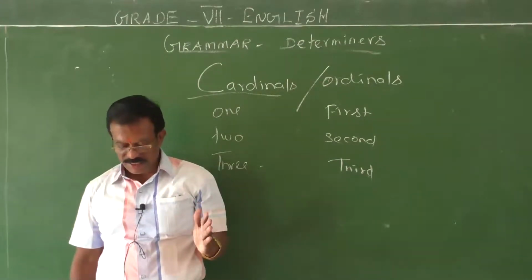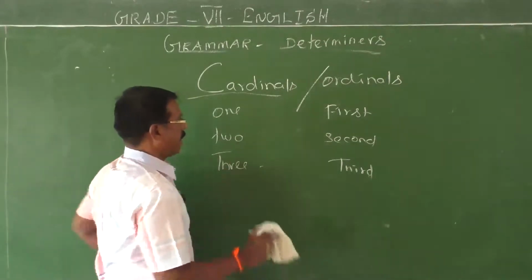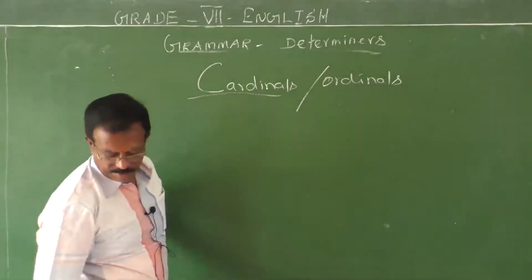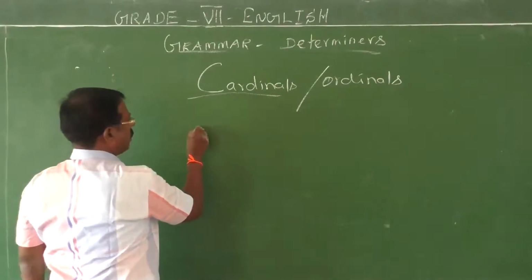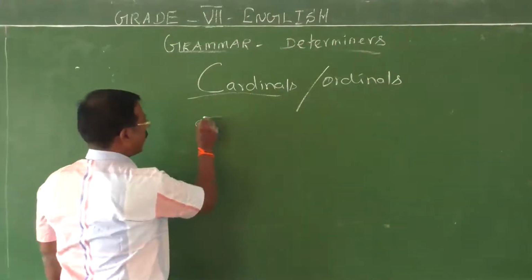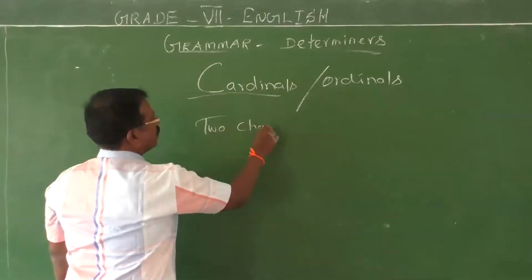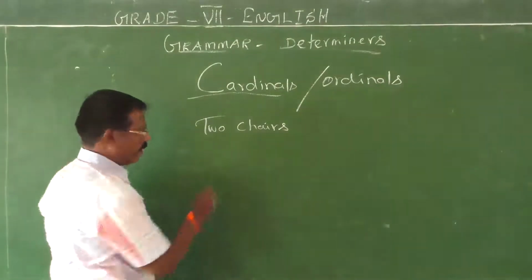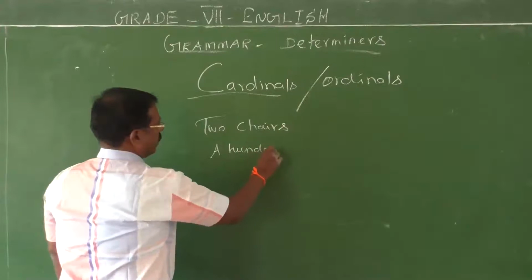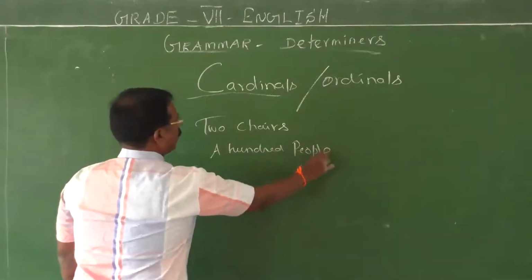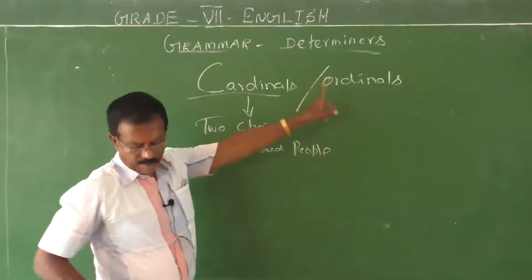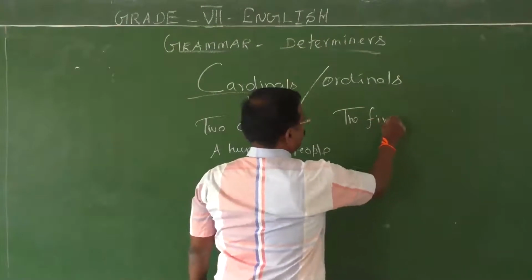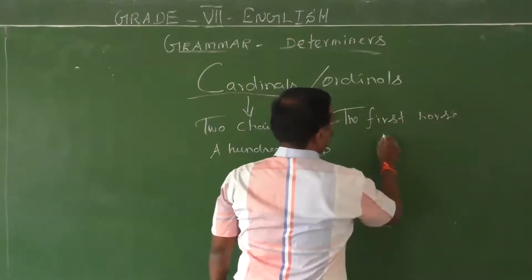The first horse was disqualified. See the example, ordinals. I will give you one example. See, 2 chairs, and 100 people. Examples for cardinals. Example for ordinals: the first horse was disqualified.